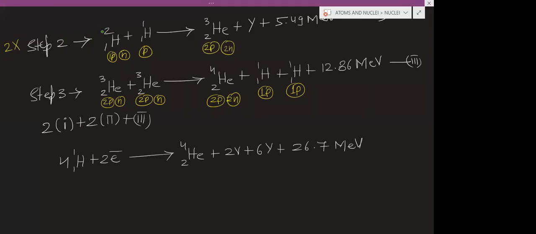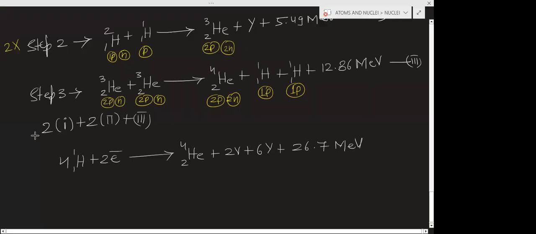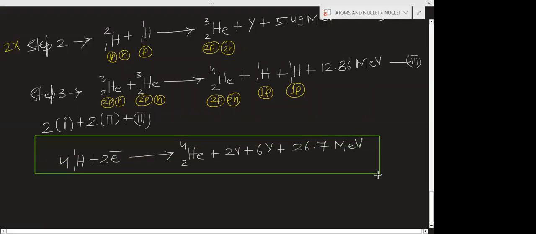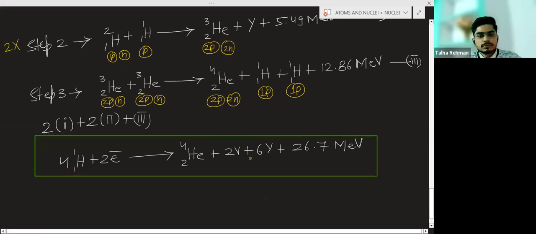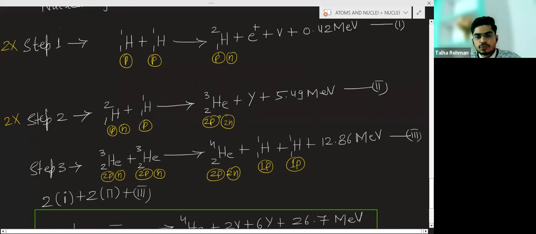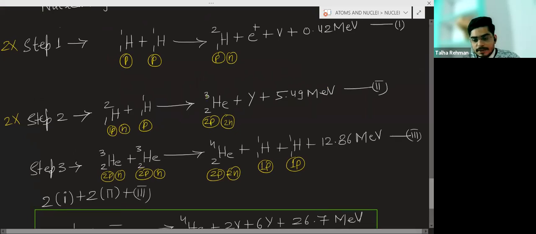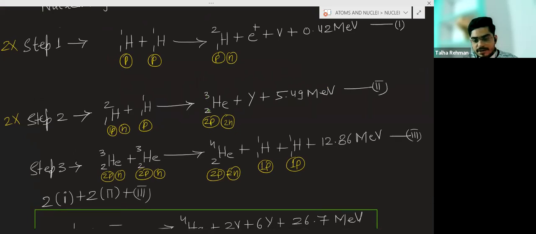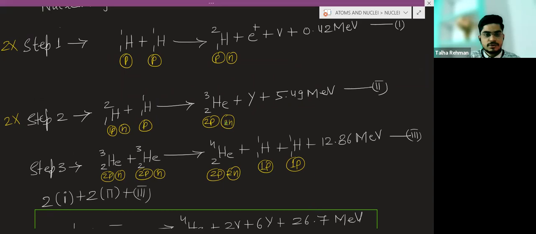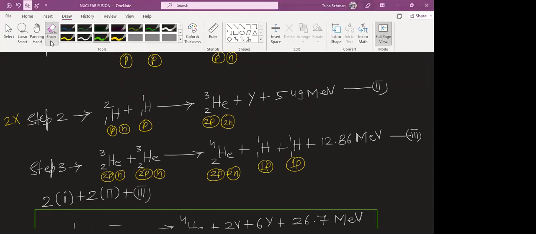Sir, in step 2, how did we get 2 neutrons? Neutrons are mass number minus atomic number. 3 minus 2. Oh, sorry, it is 1 neutron. Very good. Thank you.